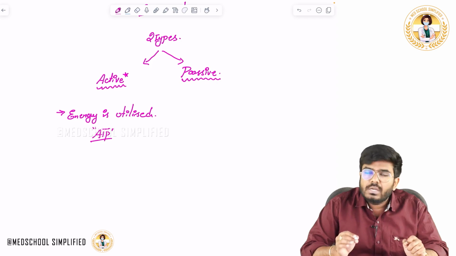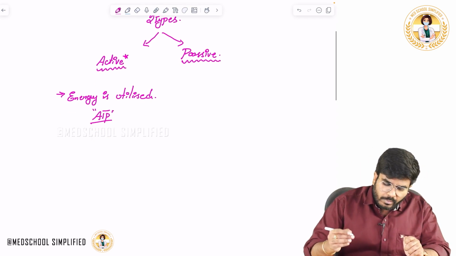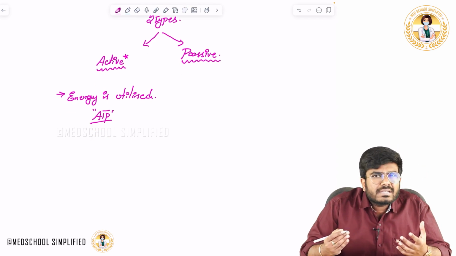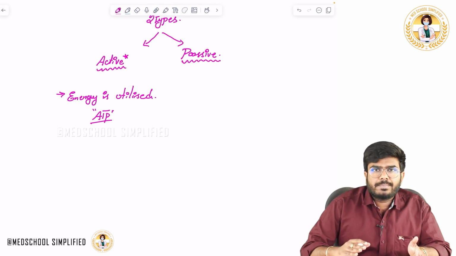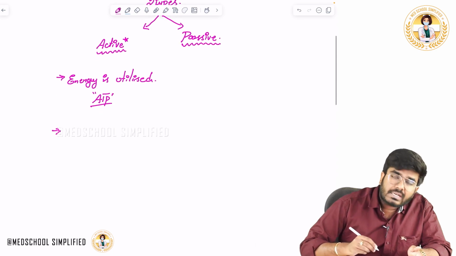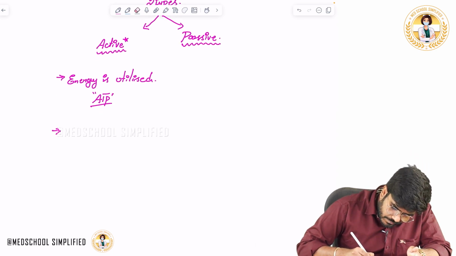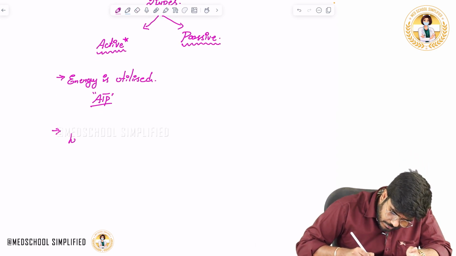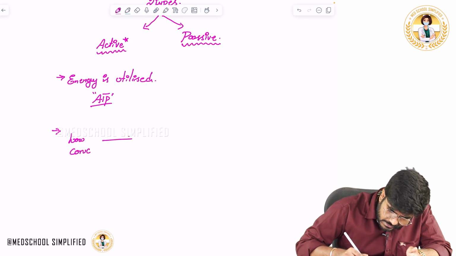That is active transport. Now, you might be having a doubt: why is energy required to transport a substance? Because here the substance is transported from low concentration to high concentration.